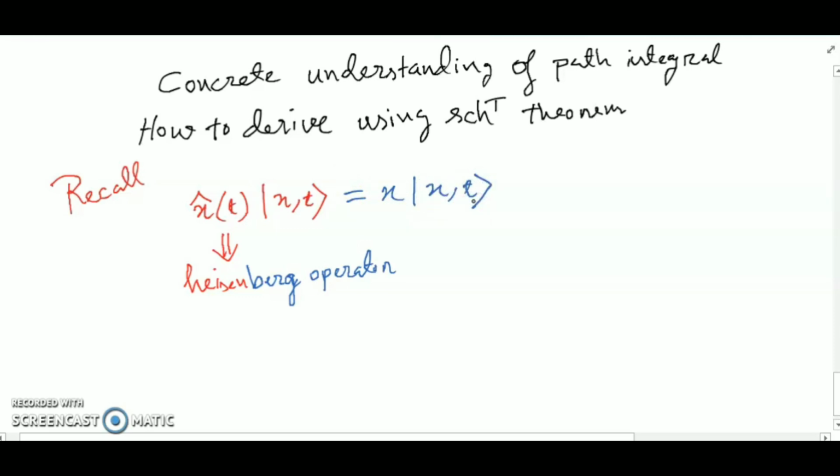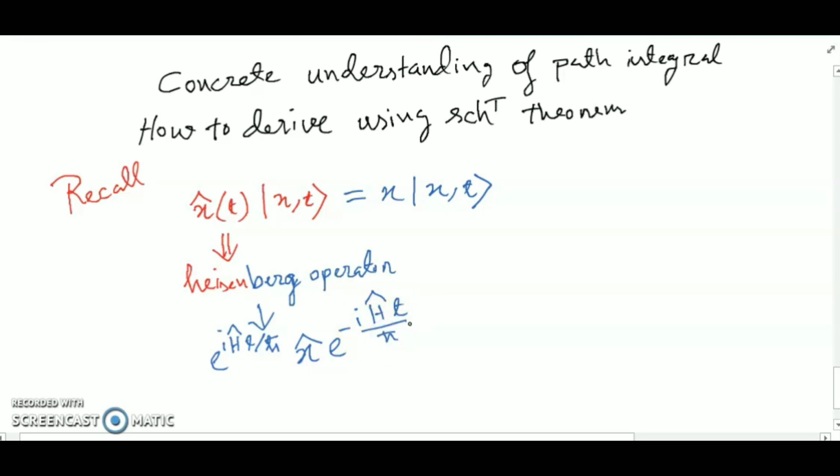Okay, this is the Heisenberg operator. Now it can be written this way: e to the power i h hat t divided by h bar, into x hat, into e to the power minus i h hat t divided by h bar.